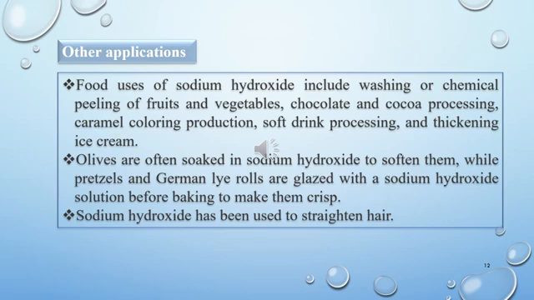Next application is olives are soaked in sodium hydroxide to soften them, while pretzels and German lye rolls are glazed with sodium hydroxide solution before baking to make them crisp. Sodium hydroxide has been used to straighten hair.